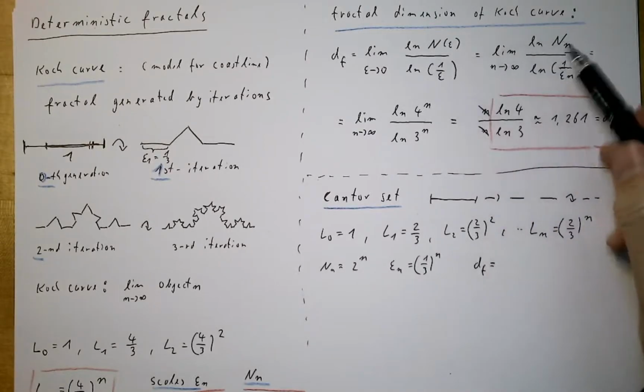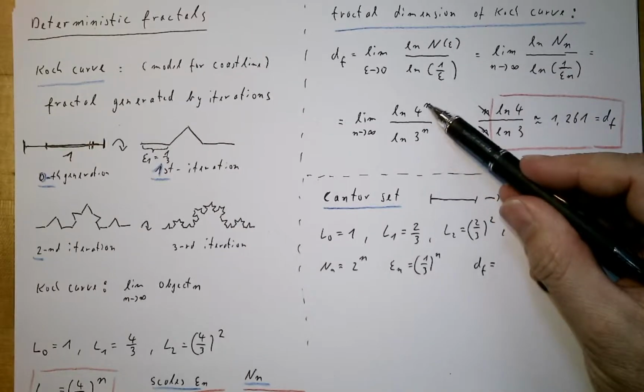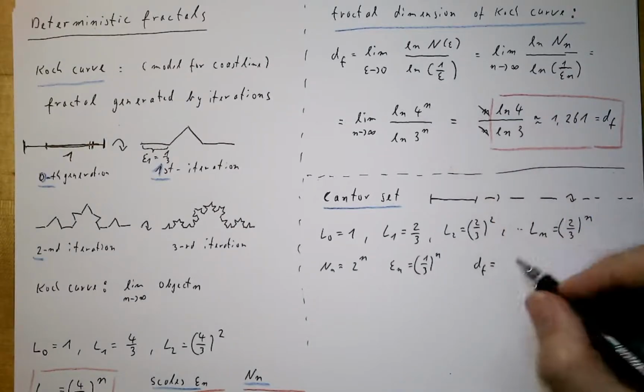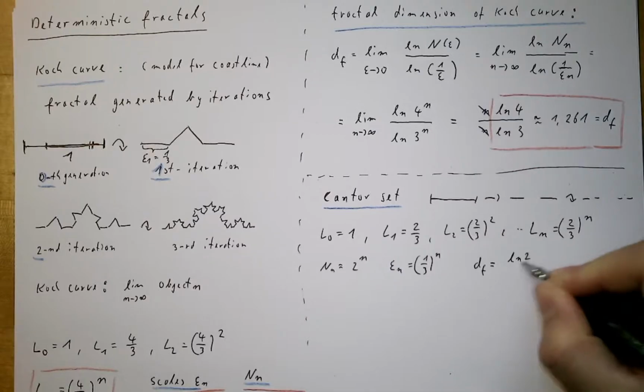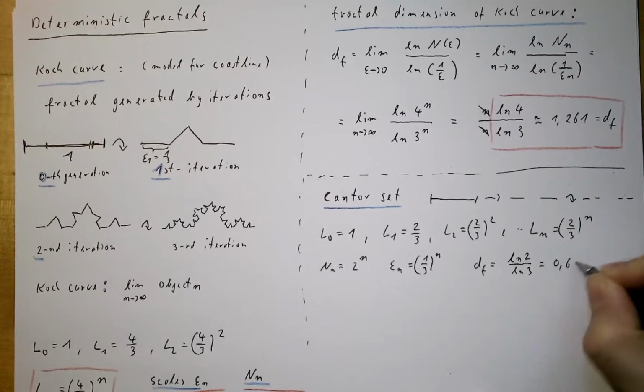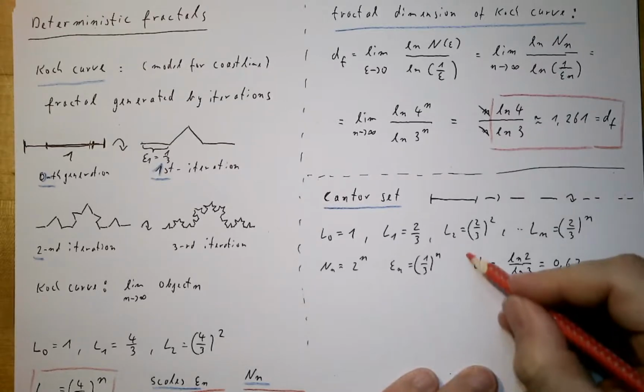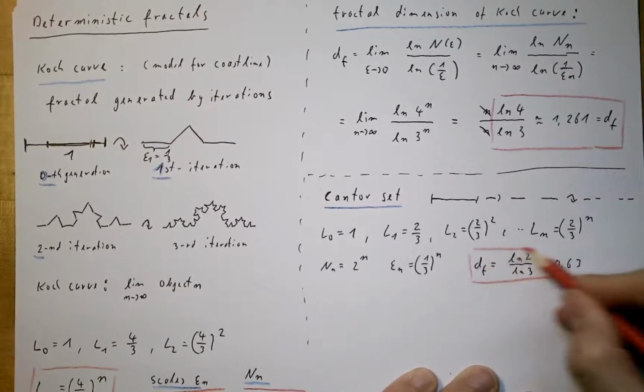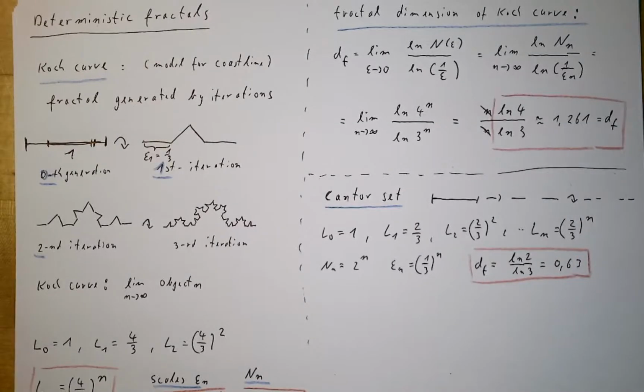That's everything the same, but only we have here 2 to the power n. And then we have ln 2 over ln 3. So that's something like 0.63. And that's the fractal dimension of the Cantor set, which is smaller than 1. Yeah? So we have a dust.